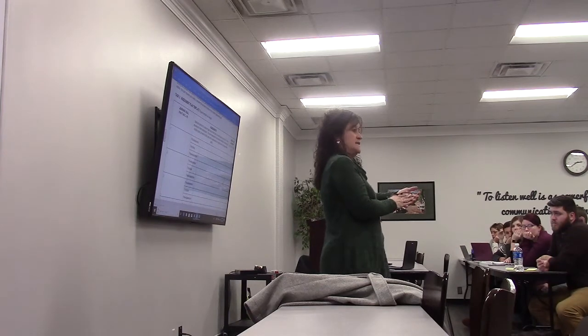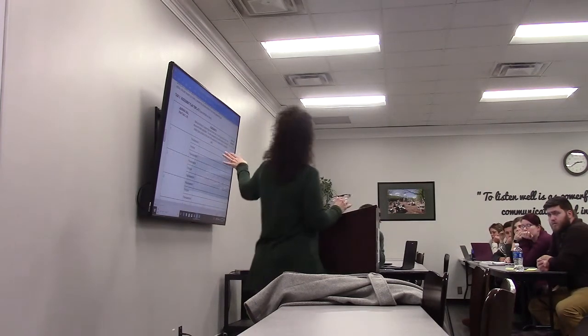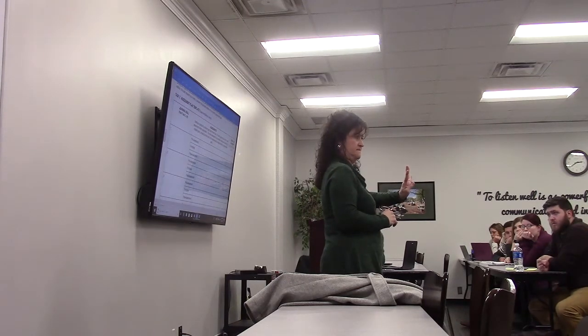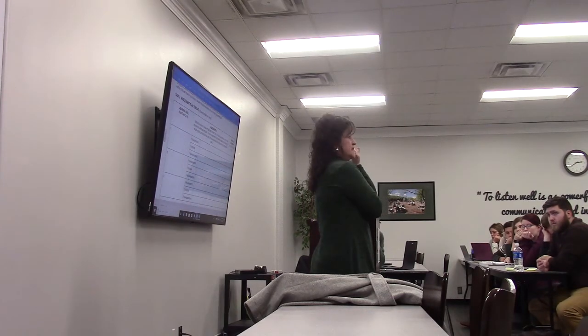So on my pre-test, I have a bunch of questions. But for goal number 1, I have 4 questions that address goal number 1. So how many questions do students have to get correct out of those 4 for them to be mastery, according to what I said mastery was?